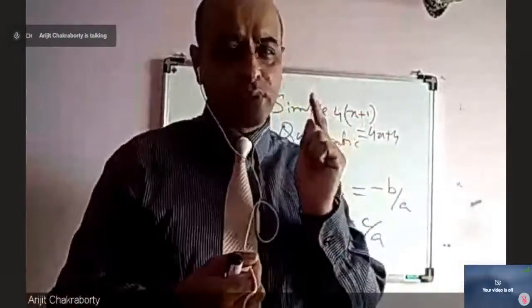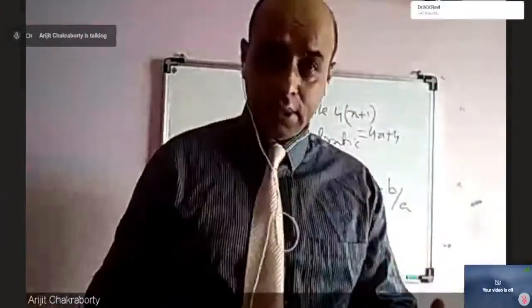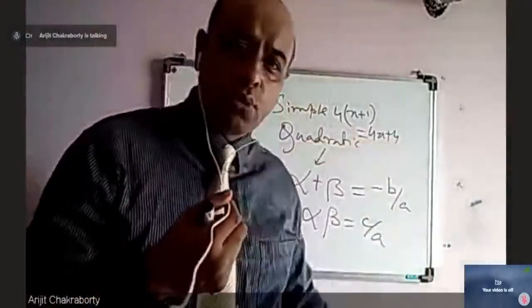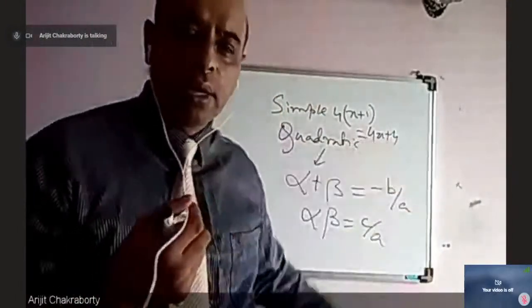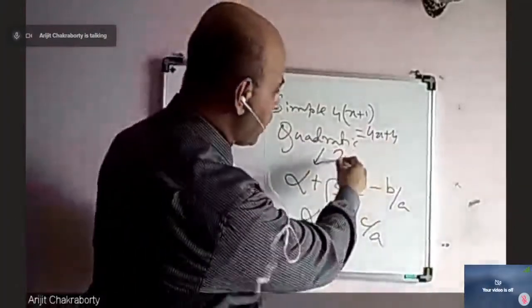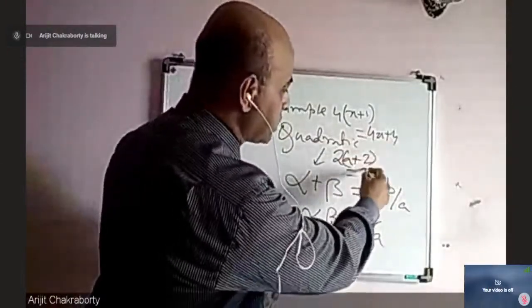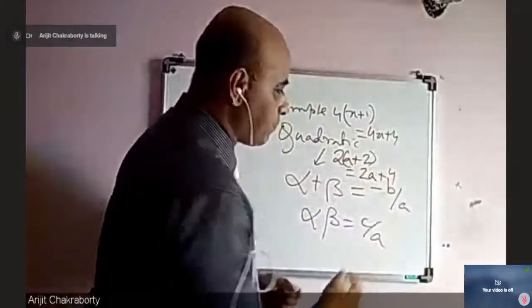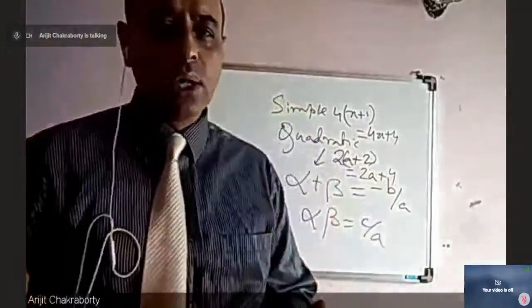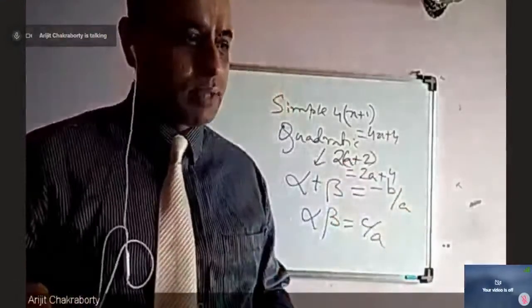Because only for that value, the equality will be applicable. But for an identity, as I wrote here, like 4 into (x plus 1) is equal to 4x plus 4. Or 2 into (a plus 2) is equal to 2a plus 4. So this is an identity. It will hold good for all values of x or a. So please keep that in mind.